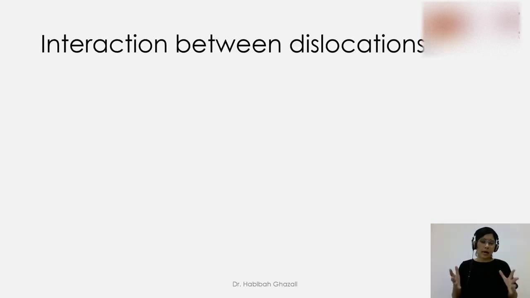So now that we have talked about the preferred direction and plane where dislocation will prefer to move, we can talk about the interaction between dislocations. So far, when we talk about dislocation, we only talk about one dislocation line and how this dislocation line is going to move on that plane there.